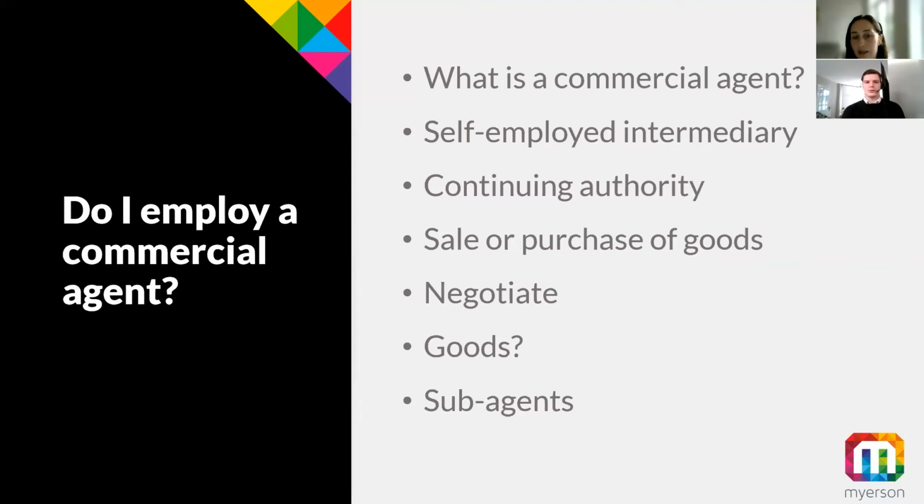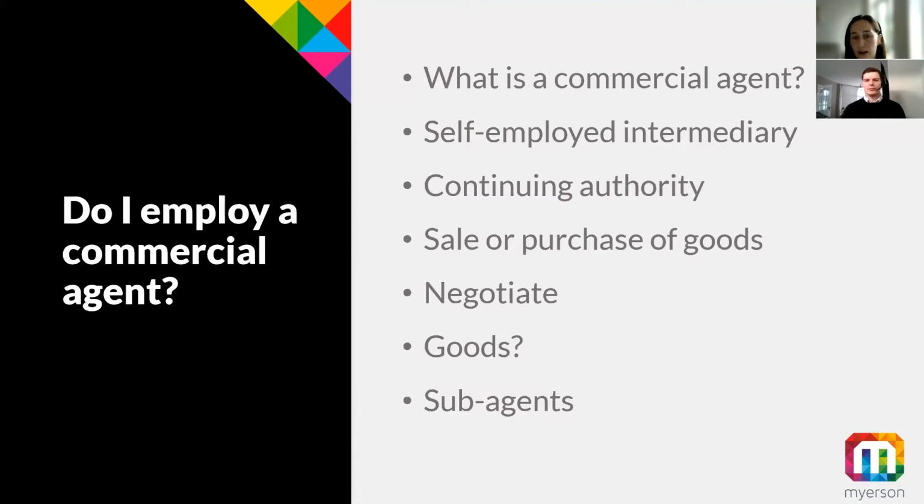An agent can be an individual or a limited company. And subagents, this is something we are regularly asked about. They are in a different position to the main agent. They are contractors of the main agent who are hired to help sell the products of the principal. The key difference here between a main agent and a subagent is that the subagent's contractual relationship is not with the principal.